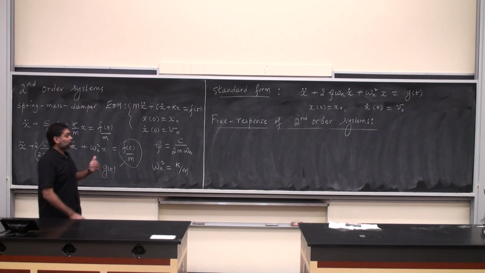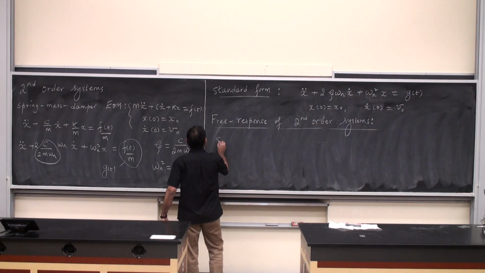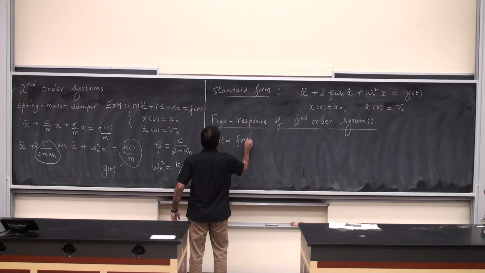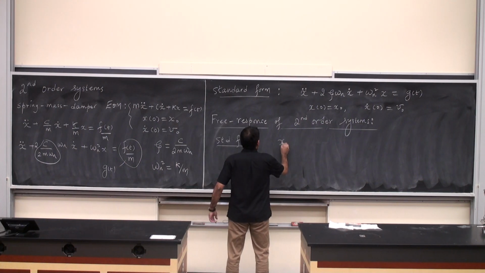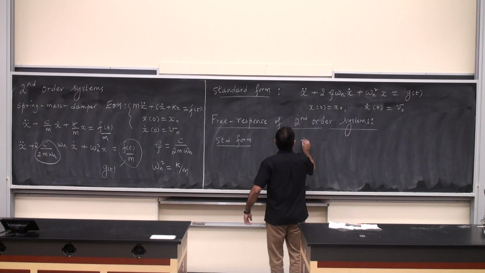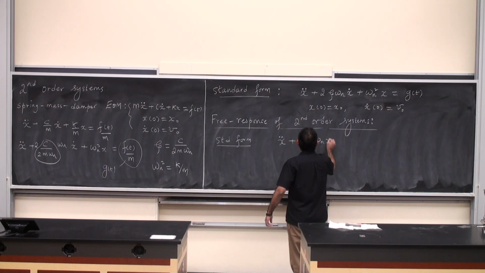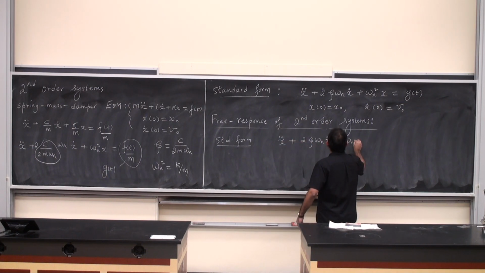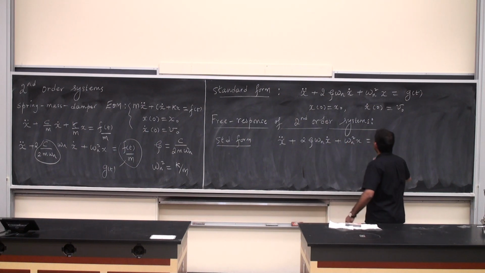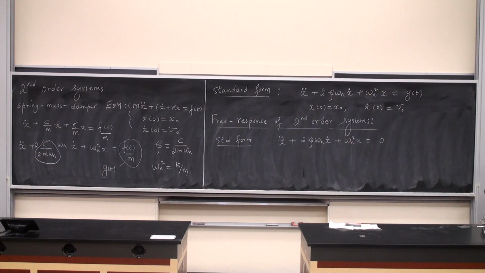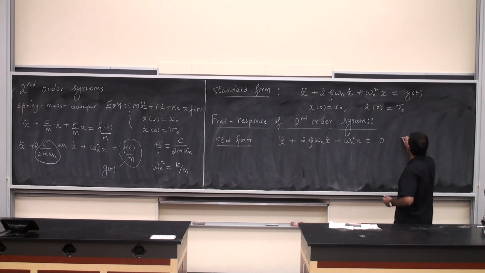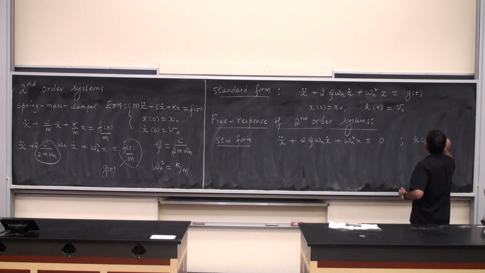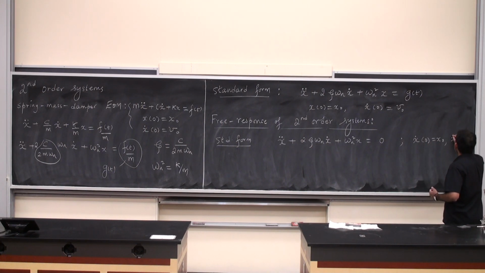So I start off by looking at the standard form. x double dot + 2 zeta omega n x dot + omega n square x = 0, because this is now a free response under initial conditions. And I'm sorry, this is x, and then x dot is v.